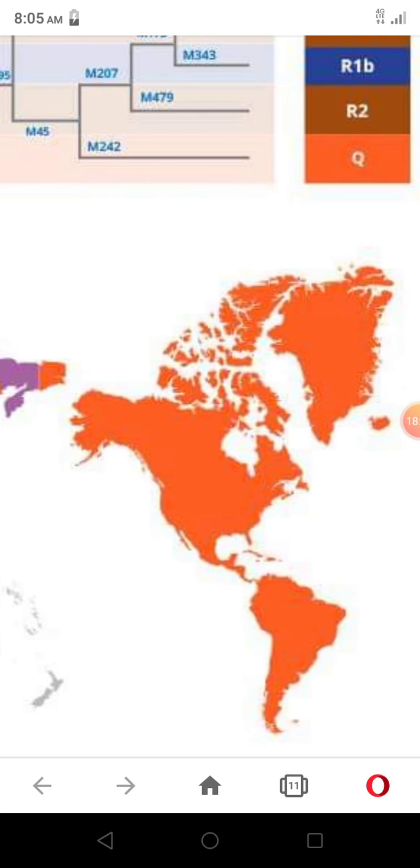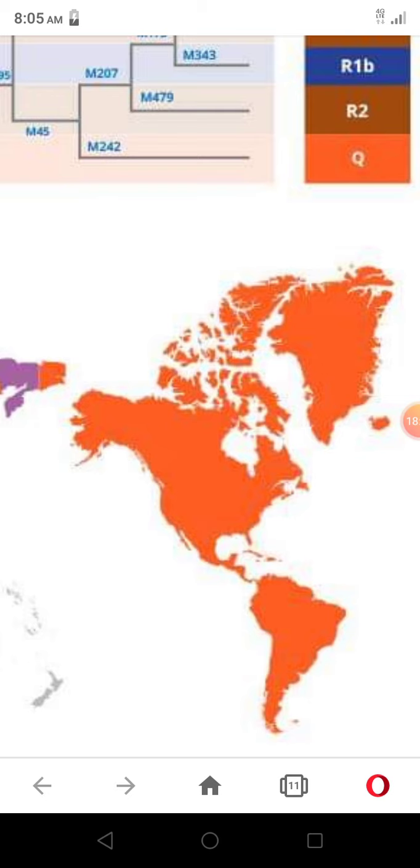But due to the movement of the Japhetic groups of people, their population was overcome by the different groups of the Japhetic Native American people. So technically, nobody is native to America.